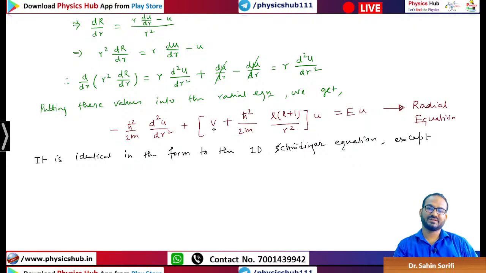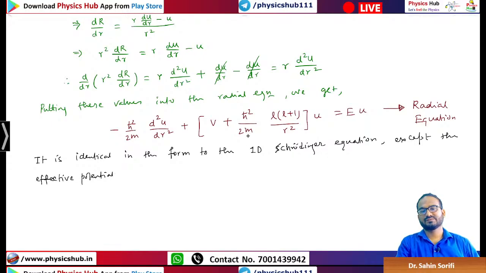Except, what is the difference? You see, in the Schrodinger equation it had V of psi, right? Here V of u. This extra h-bar squared by 2m L times L plus 1 by r squared is an additive term. So we can express it as an effective potential to make it exactly identical with the form of the 1D Schrodinger equation. This whole term, V plus h-bar squared by 2m L times L plus 1 by r squared, is called the effective potential.